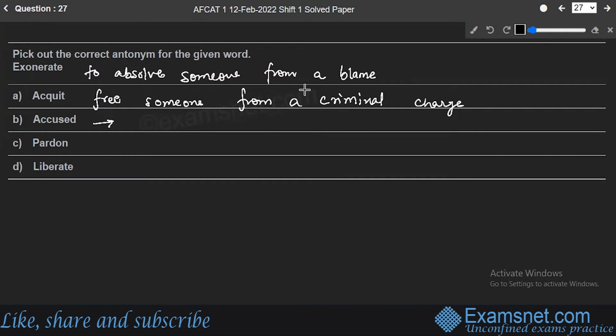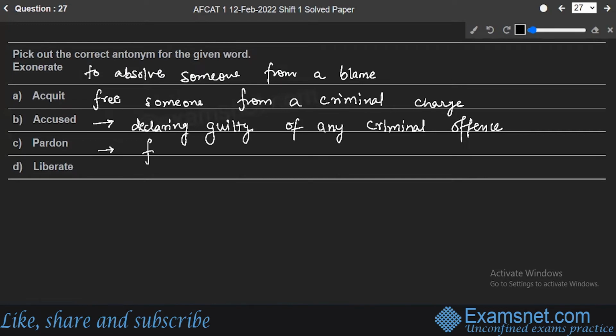Accused means declaring someone guilty, declaring someone guilty of any criminal offense, by jury or judges in court, something like that.